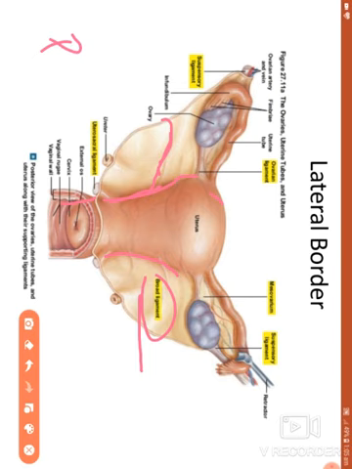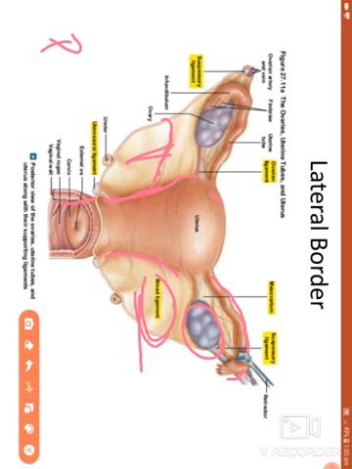The broad ligament has an anterior and a posterior surface. This is the posterior surface; the part in front forms the anterior surface. You can see the uterine tube, the fallopian tube, and the ovary in the posterior layer of the broad ligament.